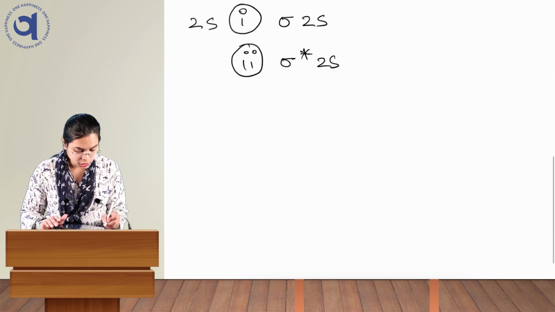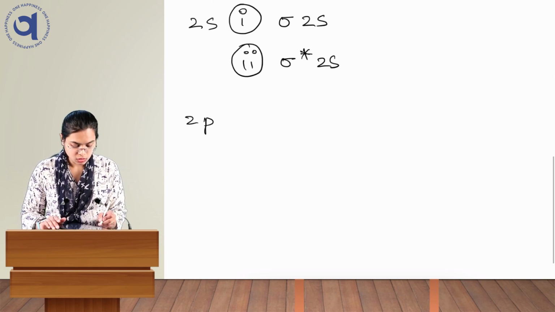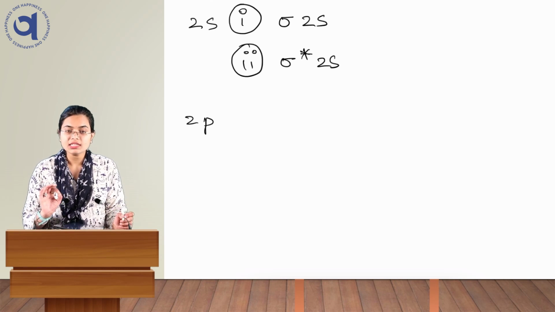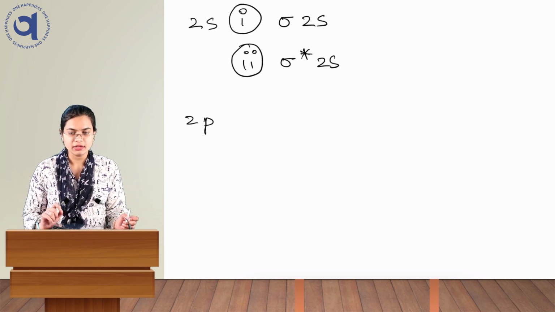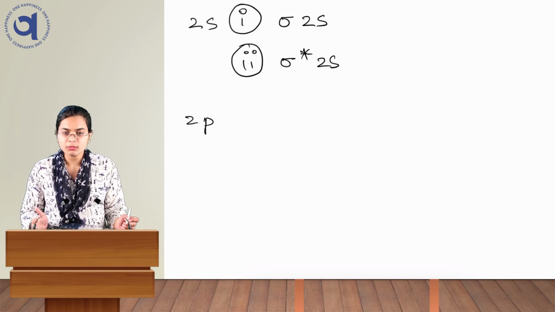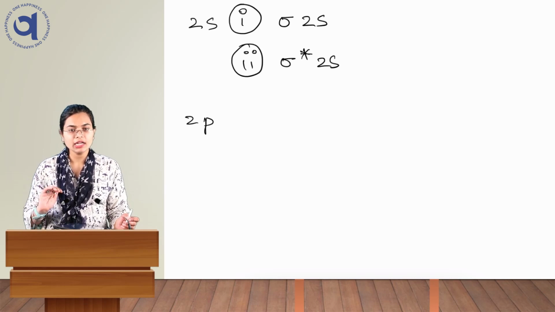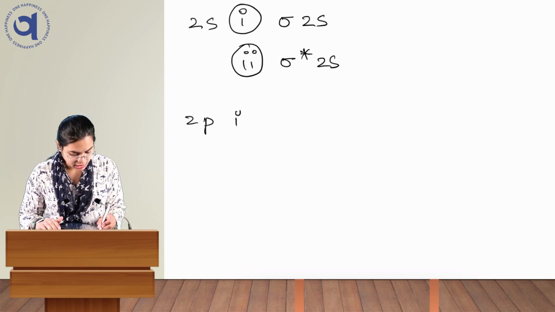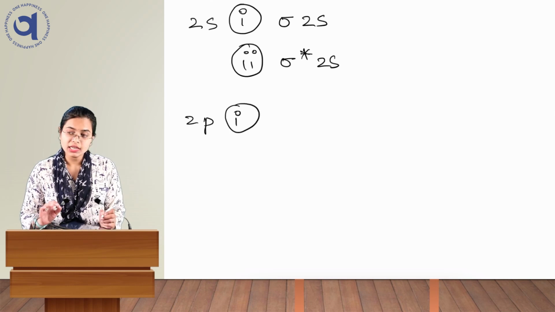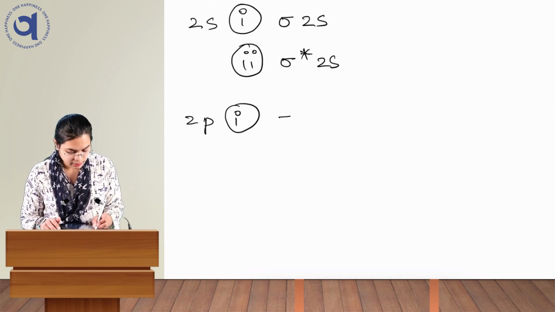In a similar way, the 2p orbital forms six types of molecular orbitals, three bonding molecular orbitals and three anti-bonding orbitals. Let us see what those three bonding molecular orbitals are.